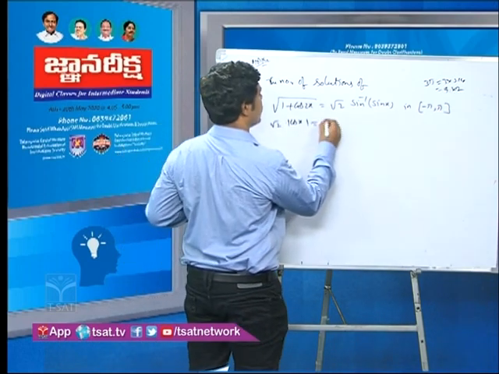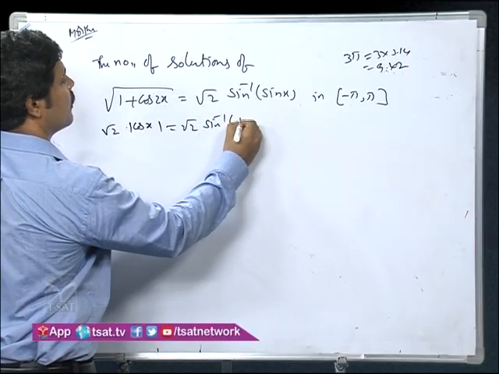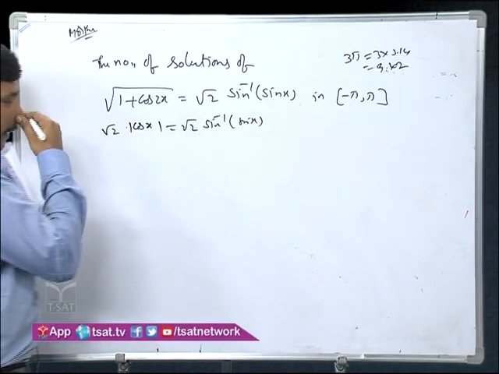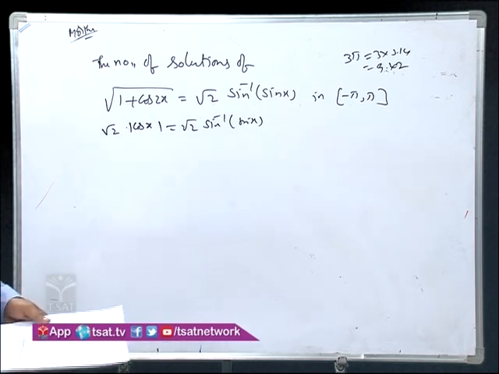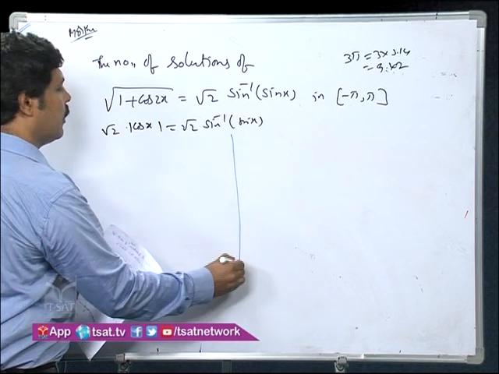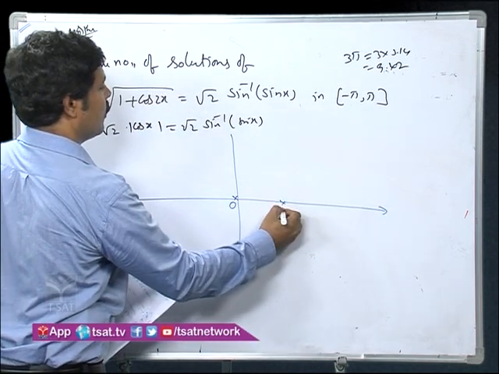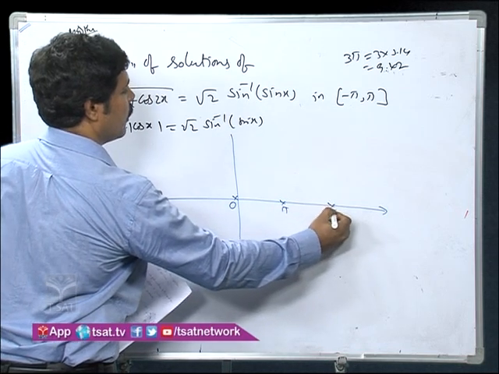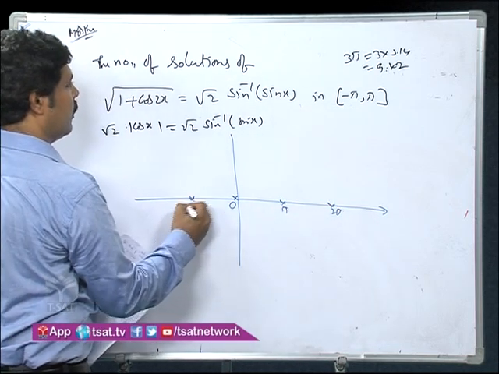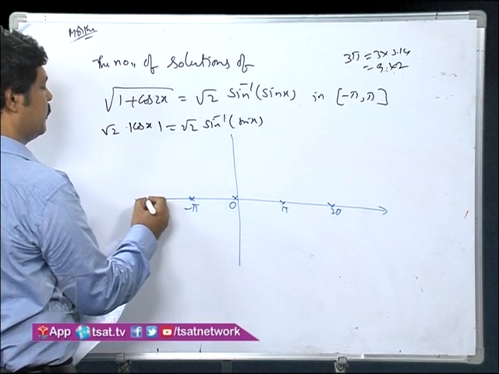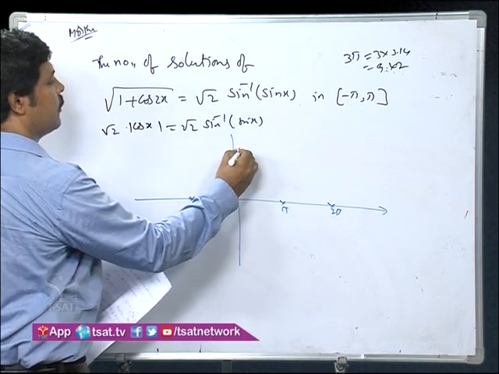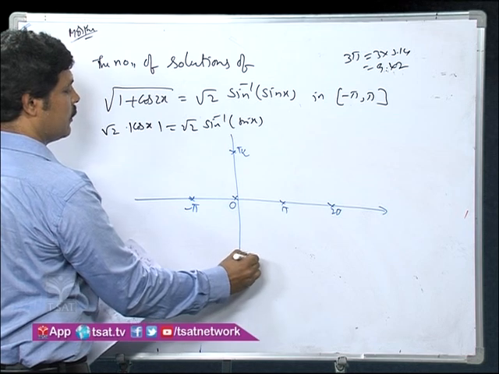The number of solutions we can solve by using a graph. Here the graph is 0, pi, 2 pi, this is minus pi. First we draw the graph of sin inverse of sin x.